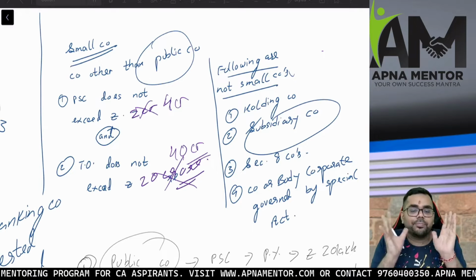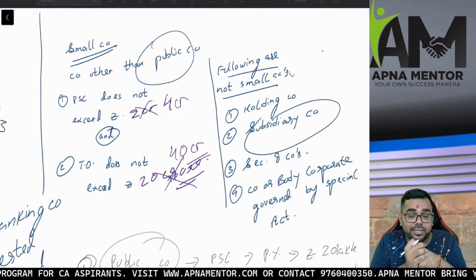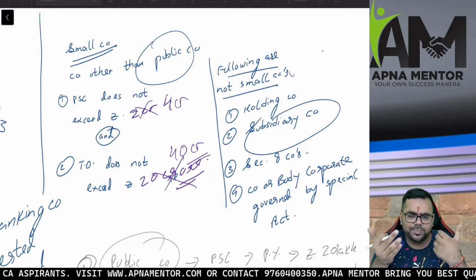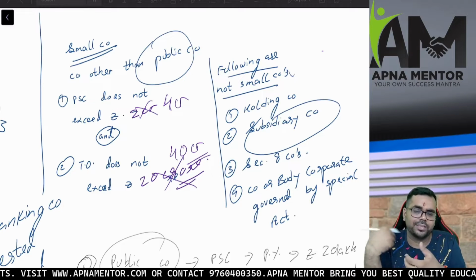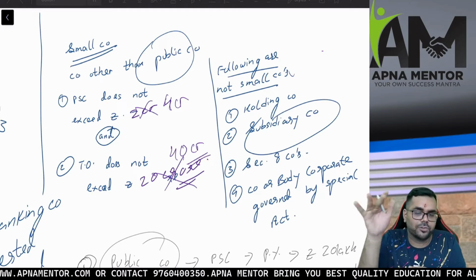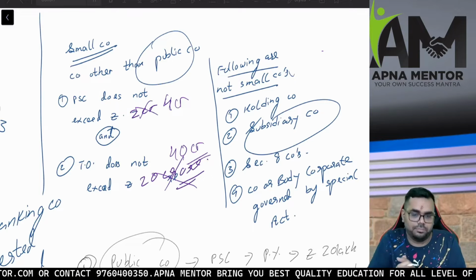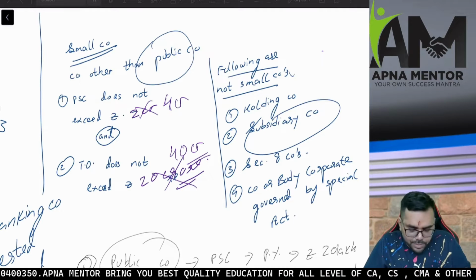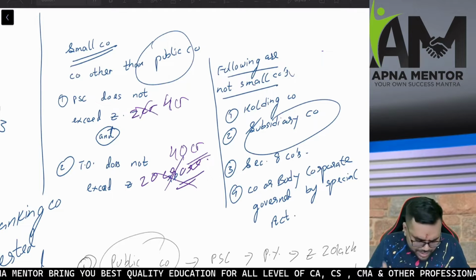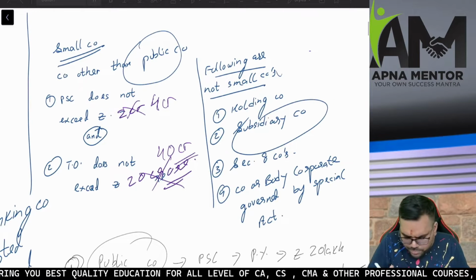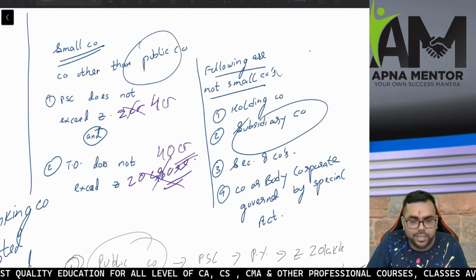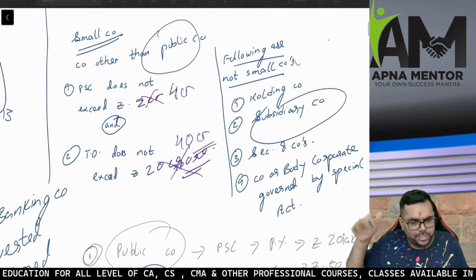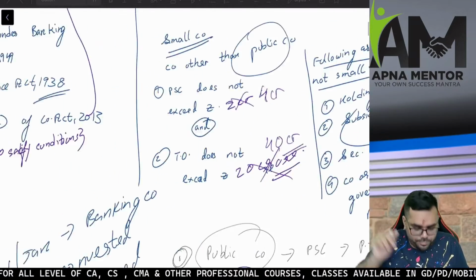Then any company or body corporate governed by a special act: that special act will decide whatever sort of reporting is needed, so you are exempted. So these are small companies: companies other than public companies, paid up share capital not exceeding 4 CR, turnover not exceeding 40 CR. The holding company, section 8 company, subsidiary company, and any company or body corporate governed by a special act cannot be a small company.